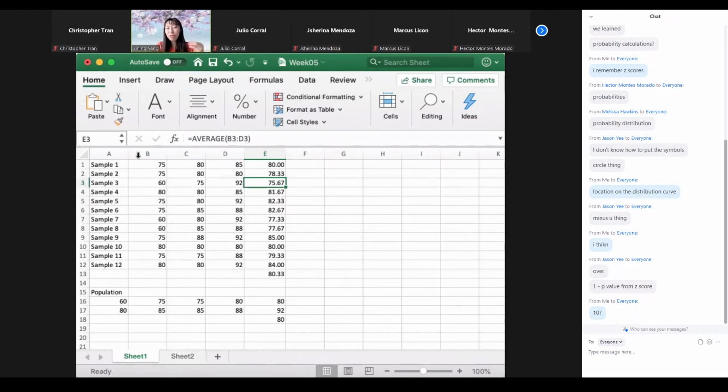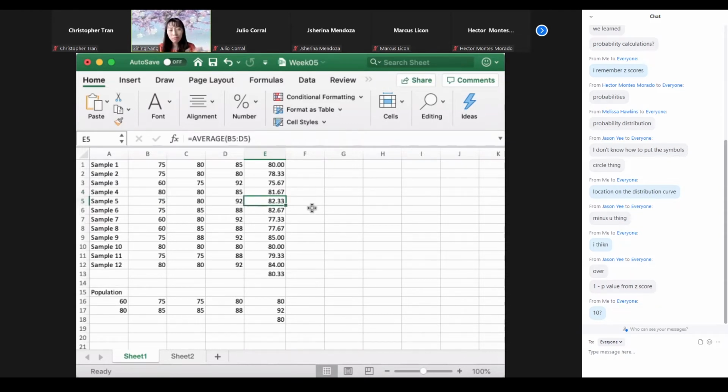So if you happen to pick sample 3, then your conclusion, your estimation, is off by a larger magnitude. Well, if you go to sample 4, you get 81.67.